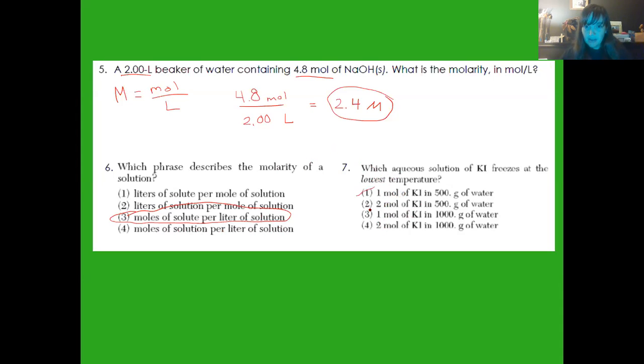I'll cross out the others. This is 2 moles in 500 grams of water, whereas this is 2 moles in 1,000 grams of water. So this one, the moles will be a little bit more spread out, so its effect will be more dilute, but this one will be a lot more concentrated. So this one will freeze at the lowest temperature.